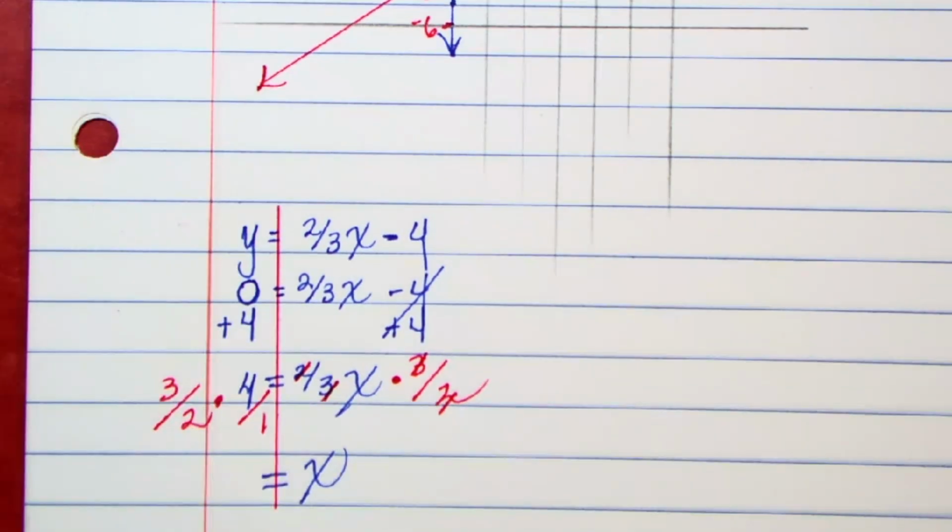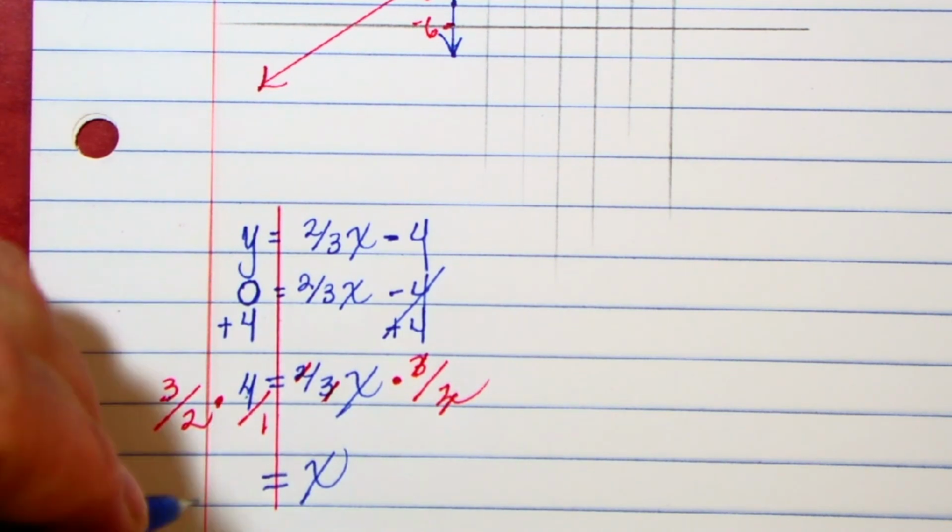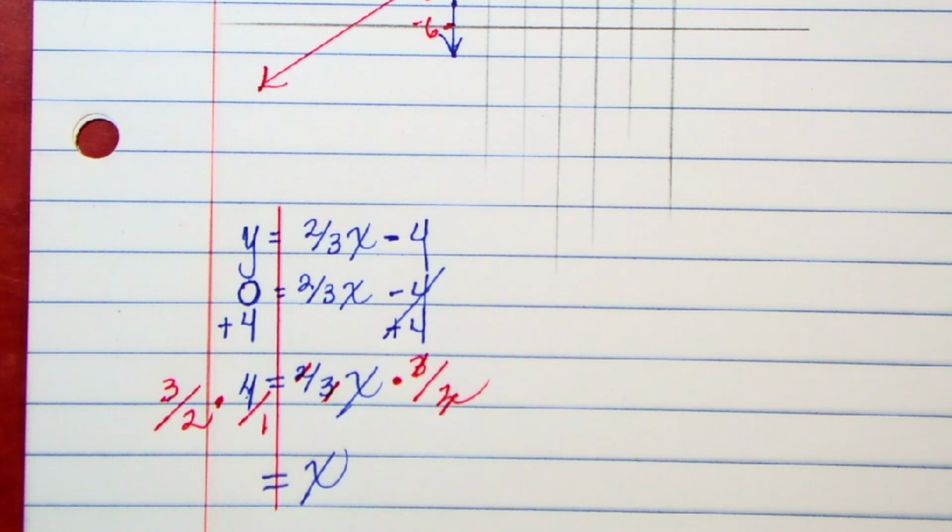Now look, be smart. What's 3 times 4? 12. So we have 12/2. What is 12/2?